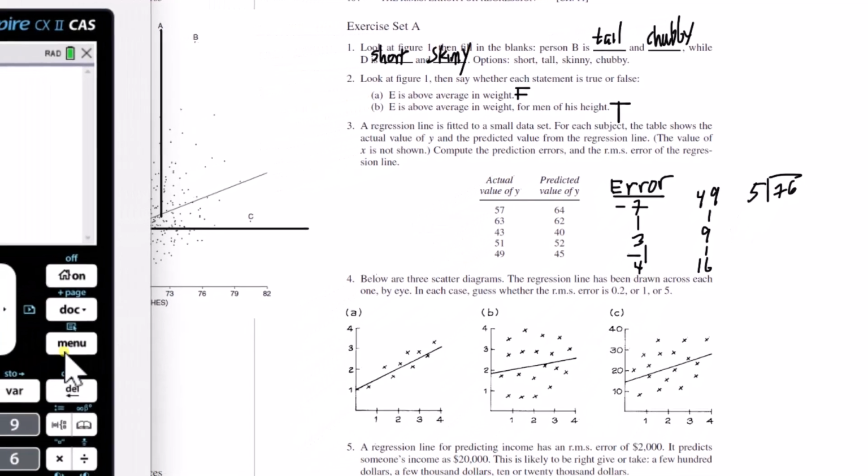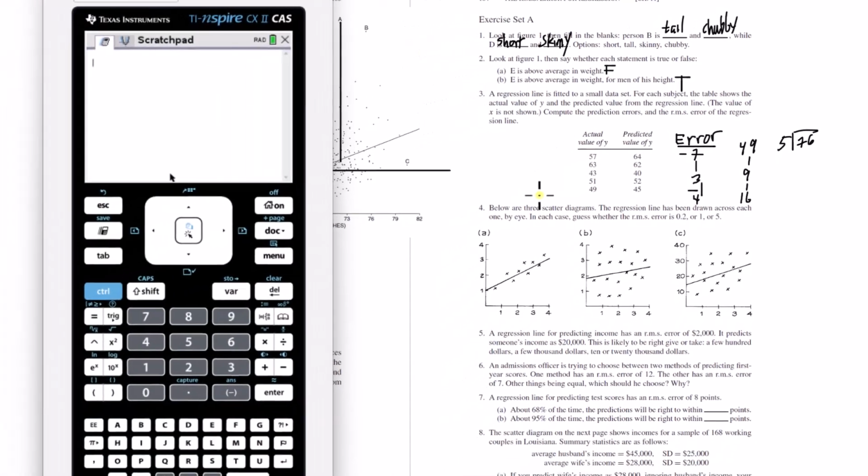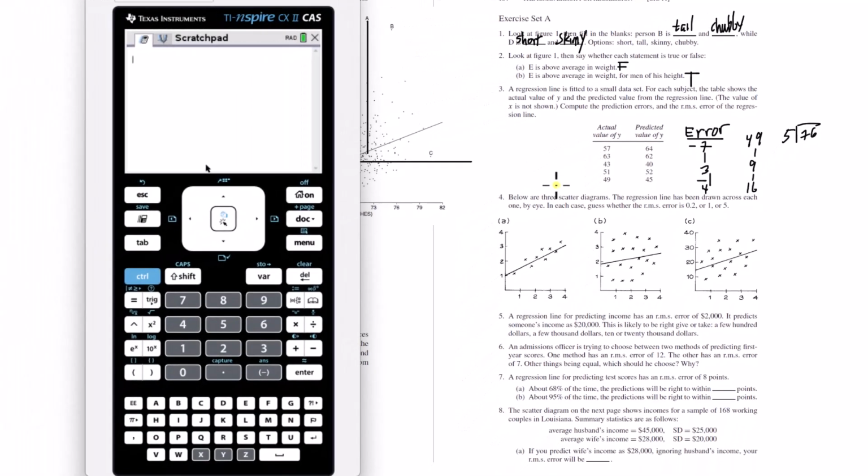Did I get those? 7, 1, 3, 1, 4. Yeah, so 49 plus 1 plus 9 plus 1 plus 16, divided by 5, and then take the square root of that. 3.9.